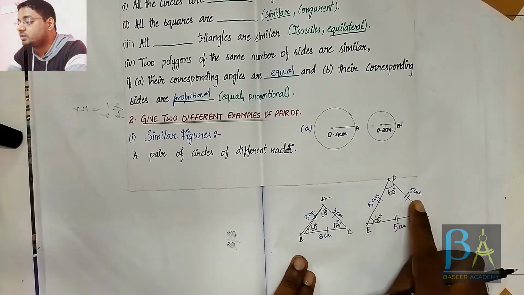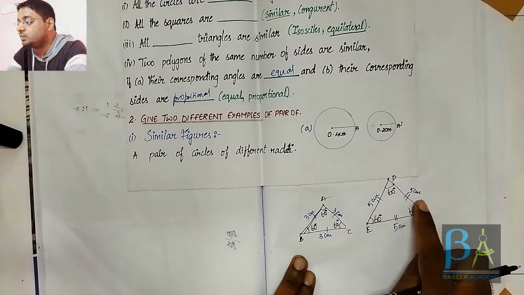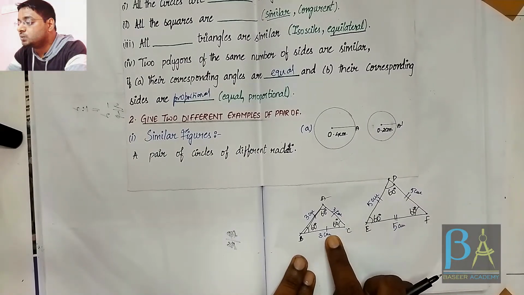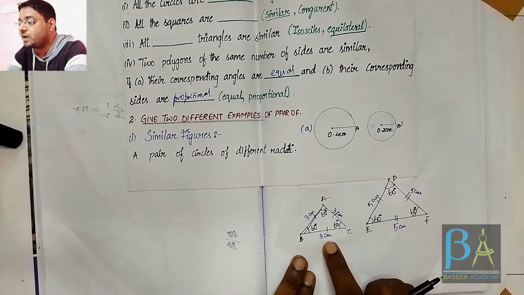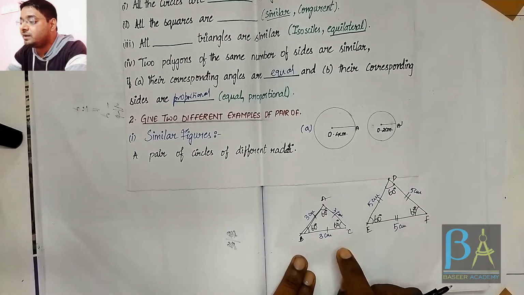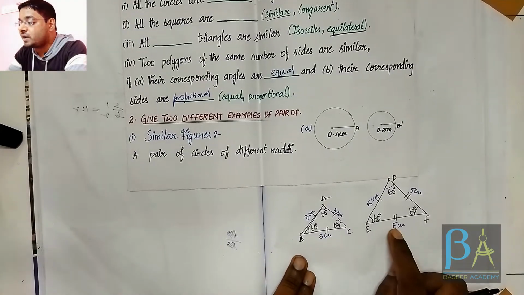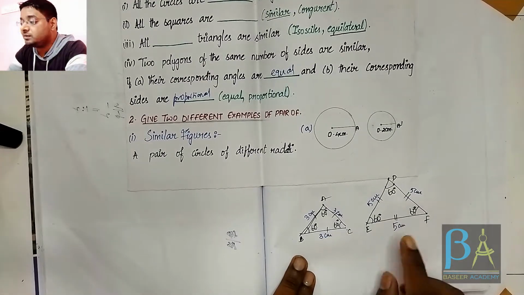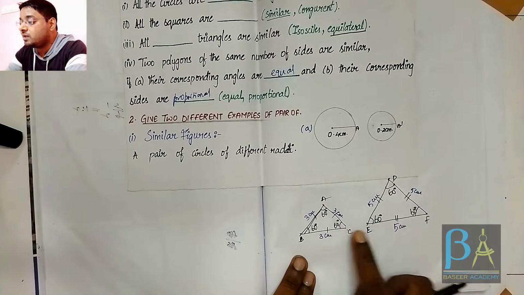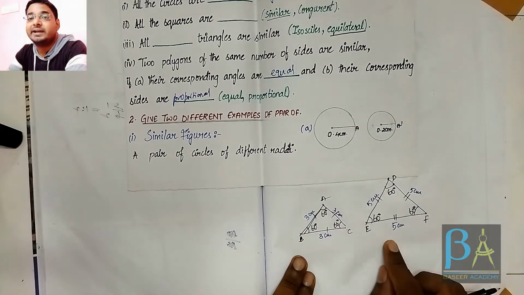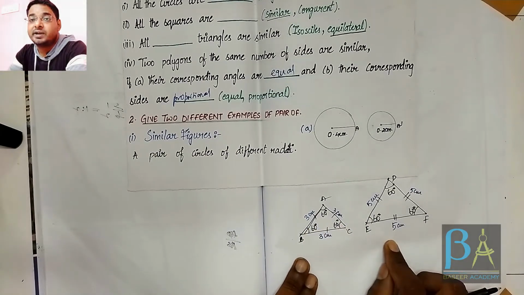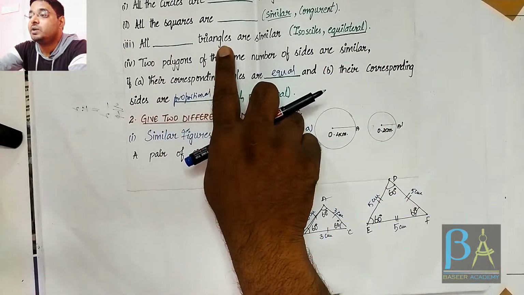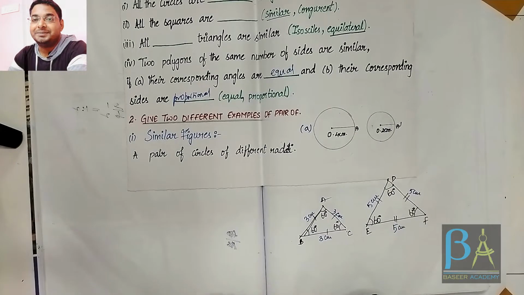The ratio of these two corresponding sides is also 5 by 3, which is 5:3. And the ratio of these two corresponding sides is also 5 by 3, which is nothing but 5:3. So you see that in two equilateral triangles, even though they may have different sizes, the corresponding angles are equal and the ratio of the corresponding sides is the same. So two equilateral triangles are similar to each other. So all equilateral triangles are similar.